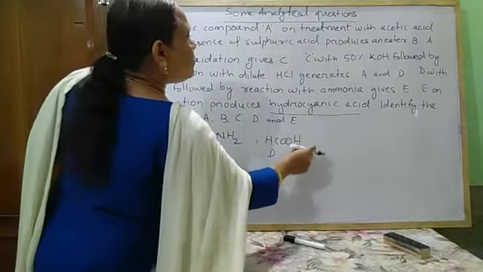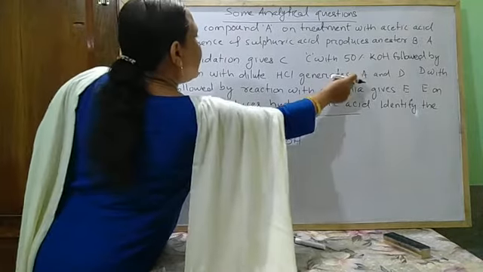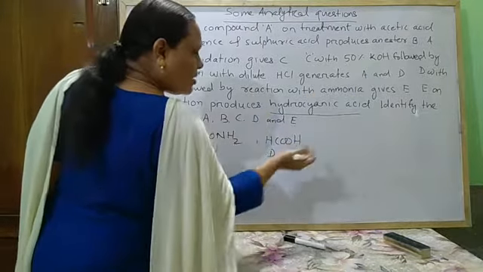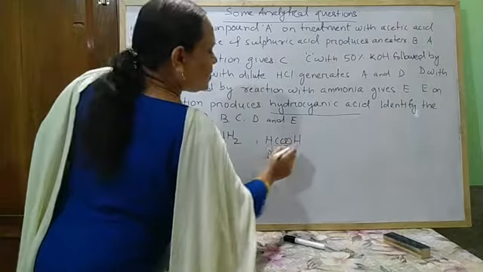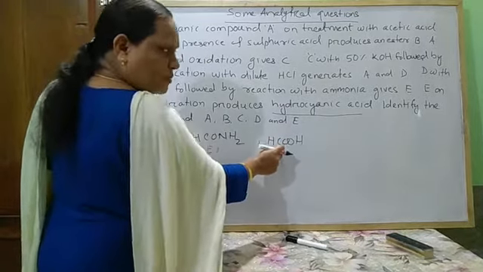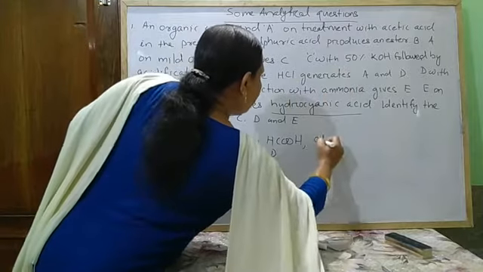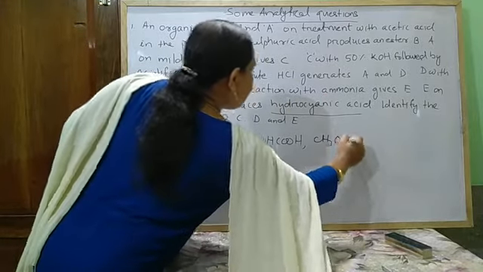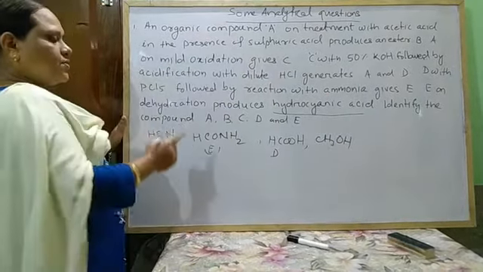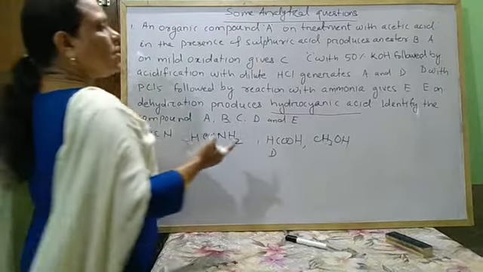As D is your formic acid, then what is A? Then the alcohol which contains one carbon atom, and the acid which contains one carbon atom. So A may be methyl alcohol. So A is methyl alcohol.